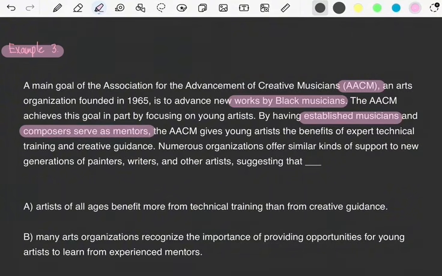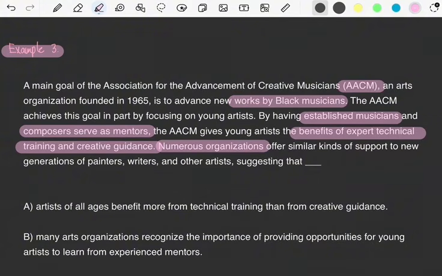Now the benefit is that they gain expert technical training and also creative guidance. And the key word right here is numerous organizations offer similar support to young painters. So this is not just one of the organizations. There are numerous organizations that do that.